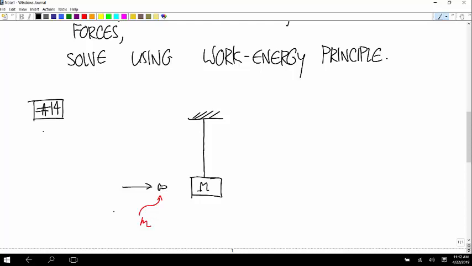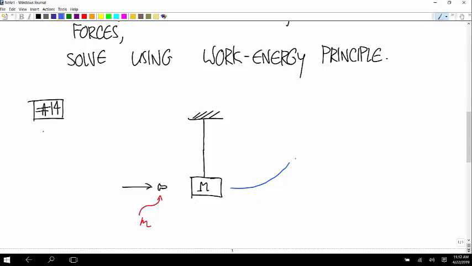And when the bullet sticks into the mass, it follows a circular path. And now notice that the bullet and the mass swing together. That bullet is lodged inside of there.